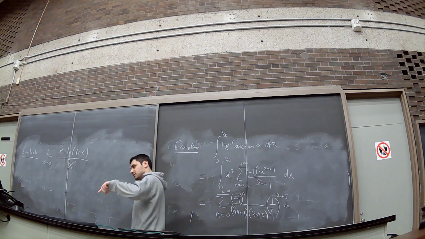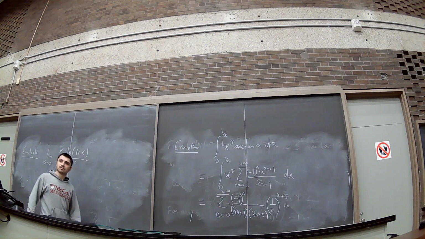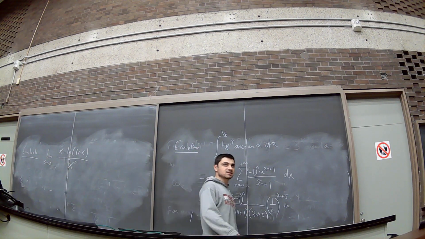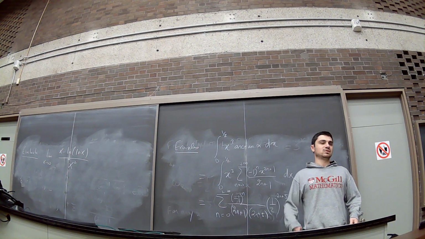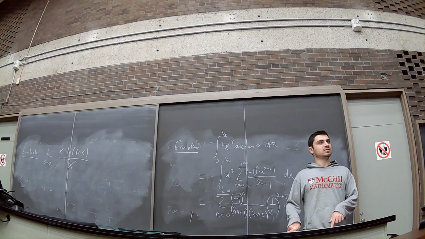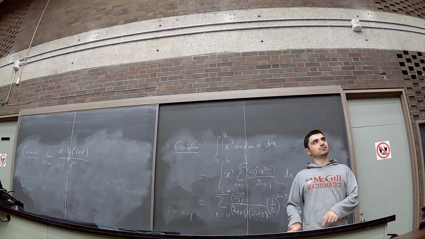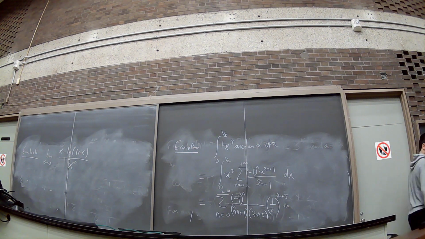What's the derivative of minus 1 over 1 plus x? It's 1 over 1 plus x squared, right? The derivative of 1 over 1 plus x is minus 1 over, yeah. So the limit should be 1, I think. 1 or minus 1. Okay?